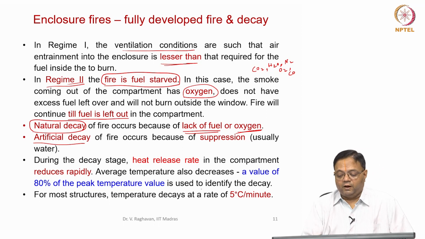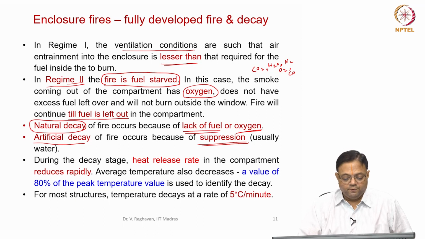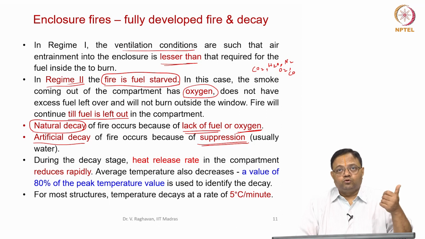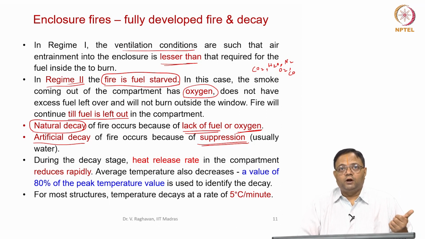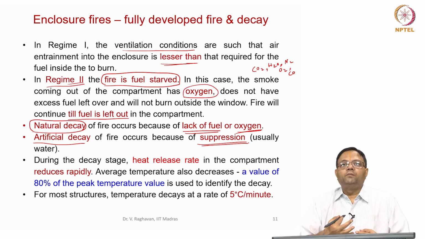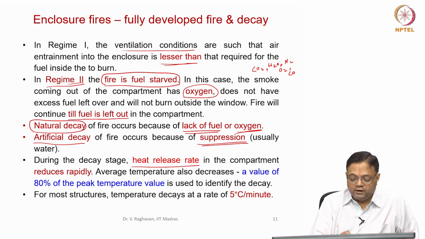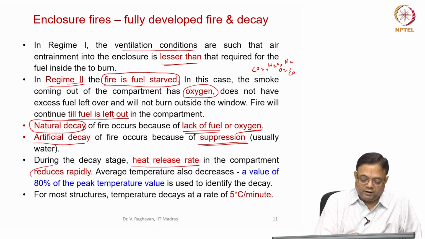I detect the fire and suppress it, say using sprinklers or any other agent. That is artificial decay. So, the fully developed fire is categorized into two regimes: ventilation controlled and fuel controlled, seen based upon the amount of oxygen available for the fire within the compartment.